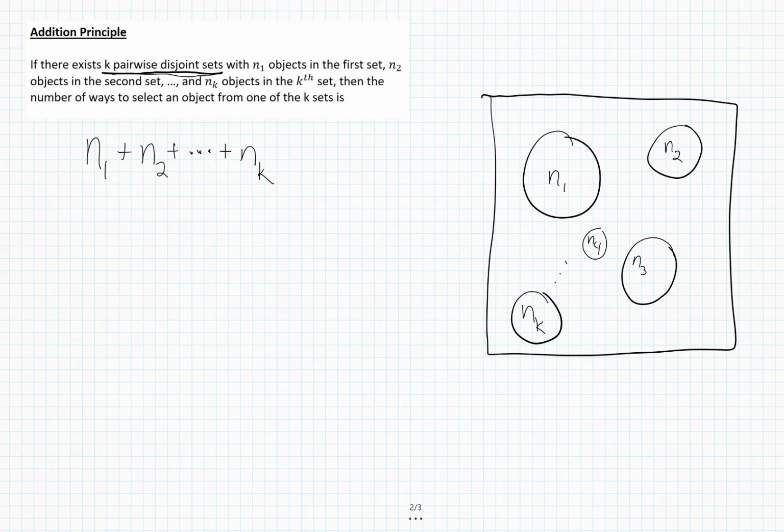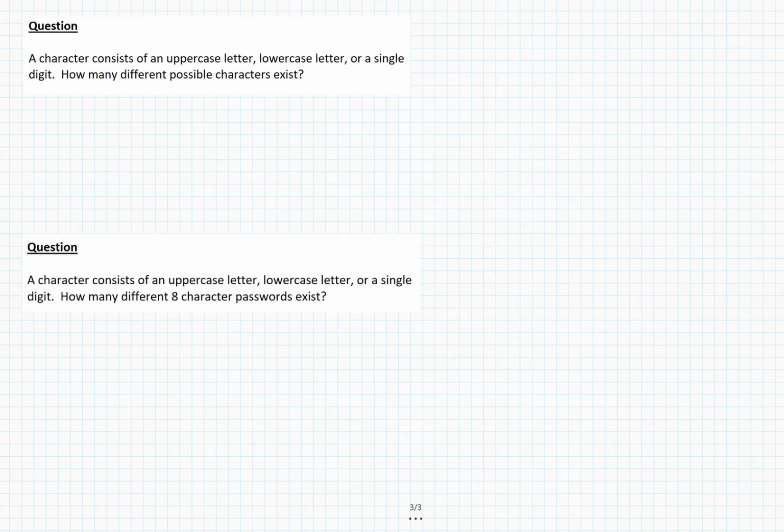If there's no pairwise disjointness, and that means just any pair that you look at, there's no elements in common, we cannot use this principle right away. There becomes some different sort of formula that we need to work with. But as long as we have that, we can just simply add up the terms in each set and find our answer. So let's take a look at this for a couple more questions, see how this works.